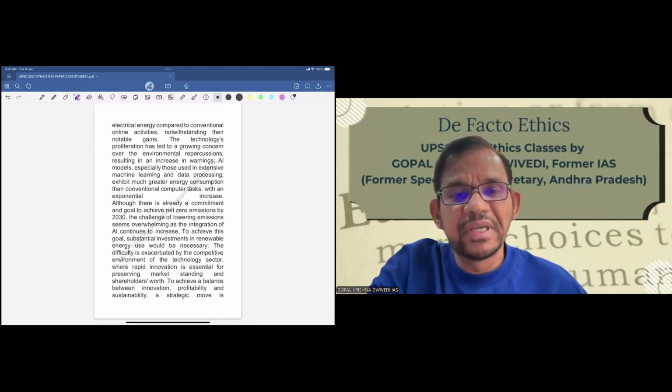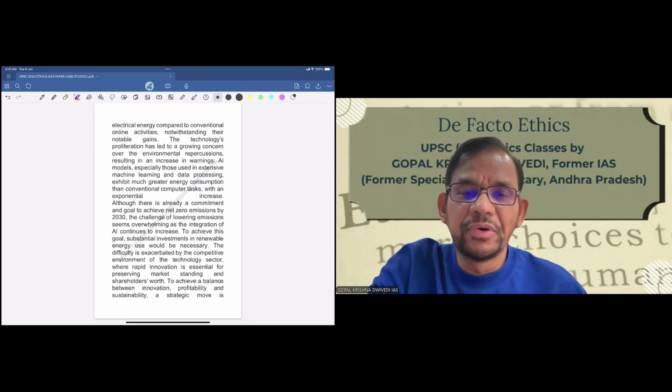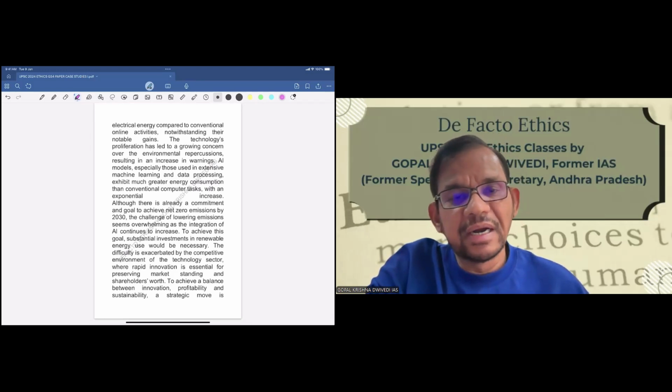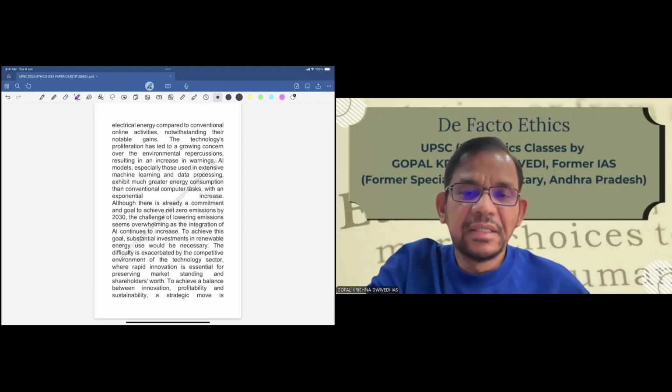AI models, especially those used in extensive machine learning and data processing, exhibit much greater energy consumption than conventional computer tasks, with an exponential increase. Although there is already a commitment and goal to achieve net zero emissions by 2030, the challenge of lowering emissions seems overwhelming as the integration of AI continues to increase.